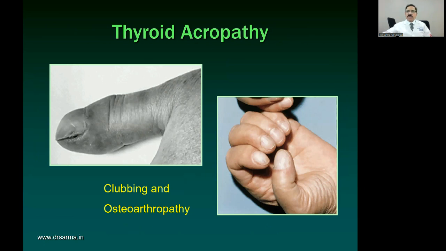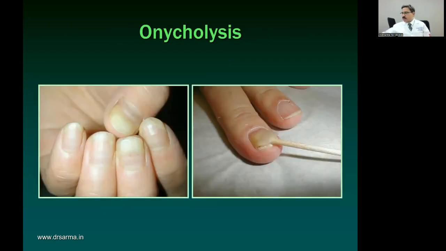And you see the nails are very much lifted from the nail bed. You can insert a small stick under the nail. That is called onycholysis. Onycholysis, you see, the first part is separated and then it is white in color. It is not pink. So the attached part is pink. This part is not attached to the underlying soft tissue. So much so it is lifted up.